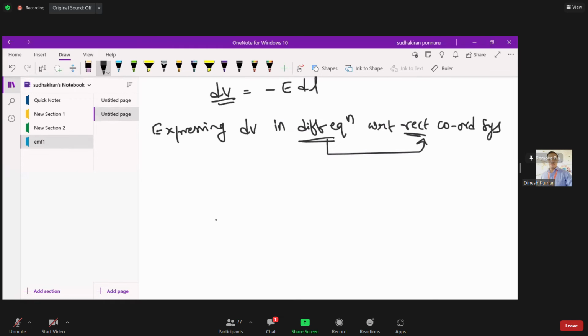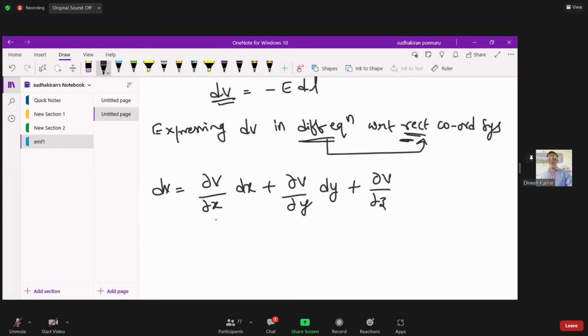The value will be dou V by dou x into dx plus dou V by dou y into dy plus dou V by dou z into dz. This is how we expand dV with respect to the xyz coordinate system.